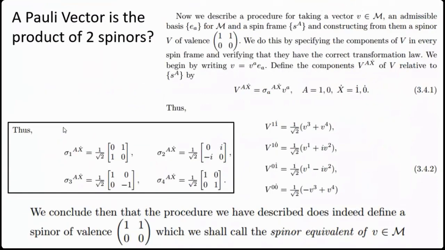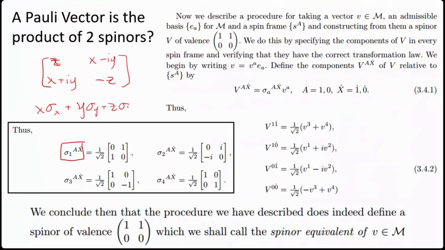What's this? It says Pauli vectors, if you remember those 2x2 complex matrices, that was x sigma x, y sigma y, z sigma z.